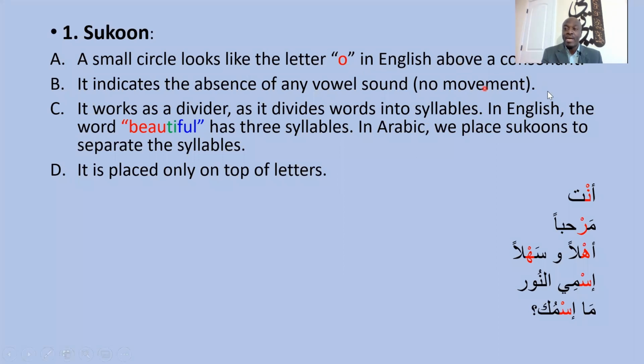There is no fatha, there is no kasra, there is no dhamma on that one. So that letter is static. It indicates the absence of any vowel sound, whether short vowel or long vowel, there is no sound whatsoever. So that's why we put a sukun.